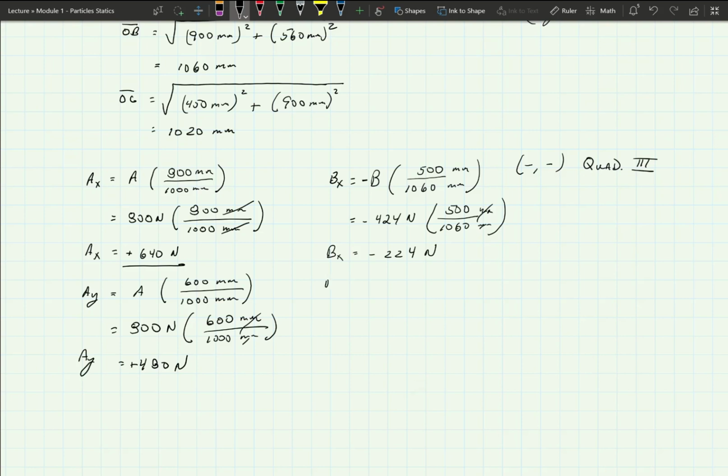And then if we do B of y, underline that, we're going to still have a negative B, but our ratio changes on our distances now. We're 900 millimeters over 1060.